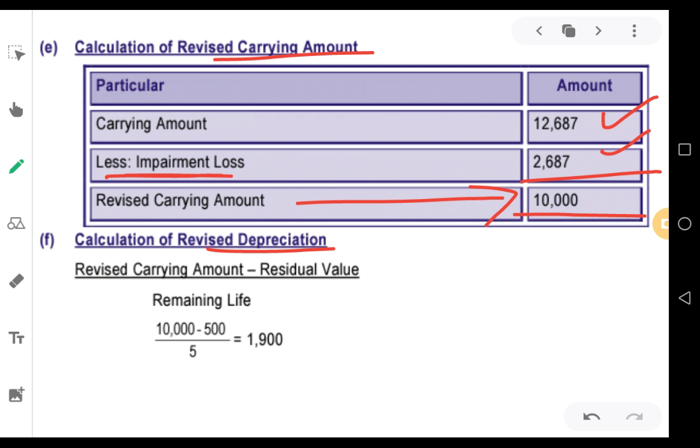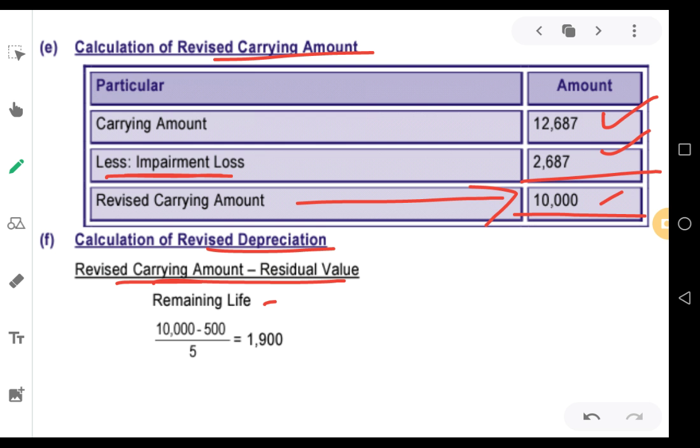Revised depreciation we calculate by revised carrying amount minus residual value divided by remaining life. The formula is same: cost minus residual value divided by life of the asset. A little bit we have modified this formula. Instead of taking original cost, we are taking revised carrying amount.